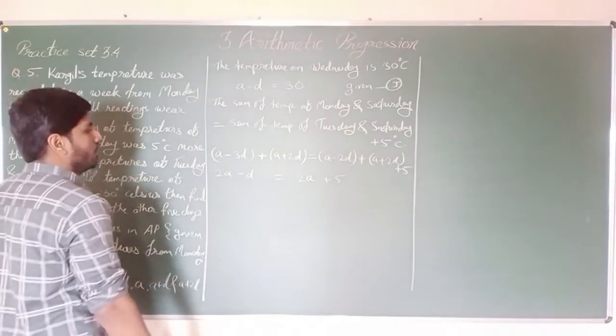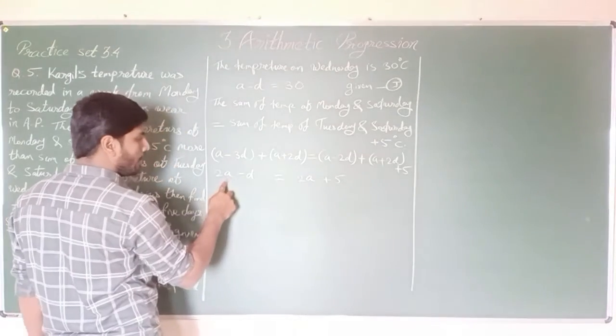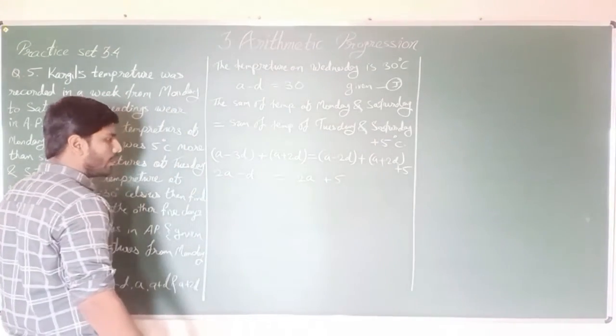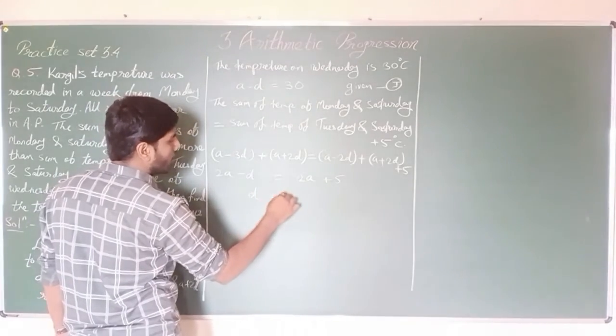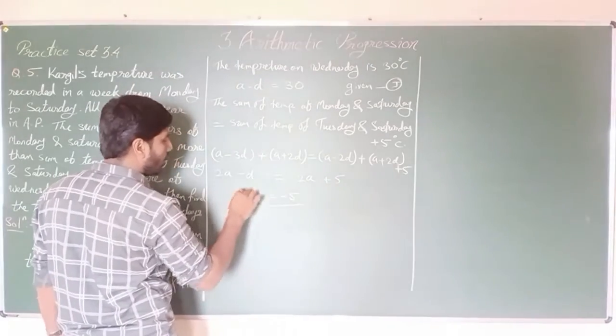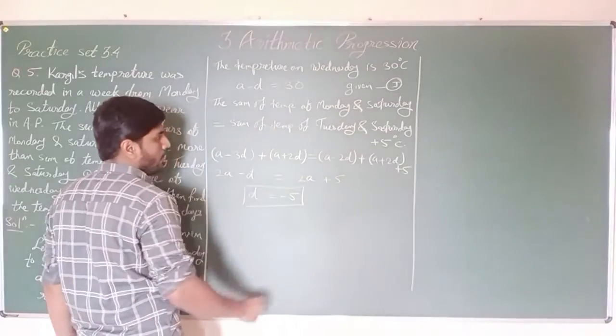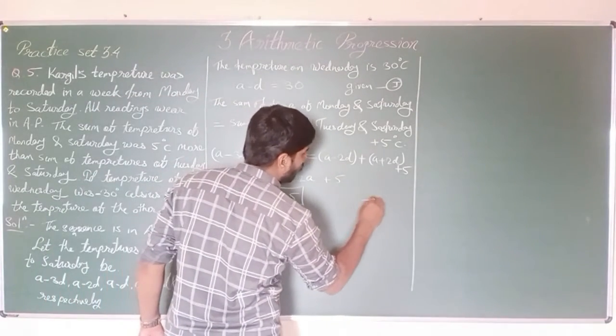Now again this 2a will get cancelled with the other 2a, and therefore the common difference d is equal to negative 5. I will call this 2.